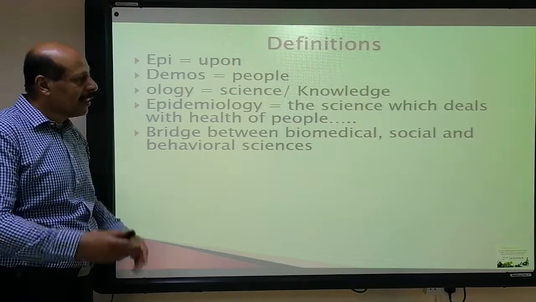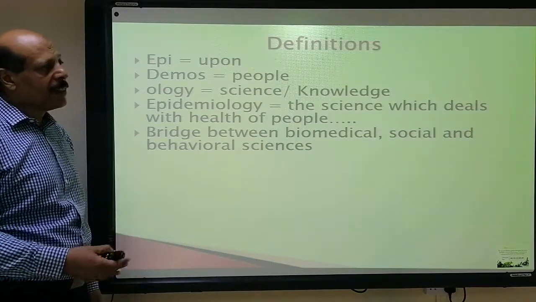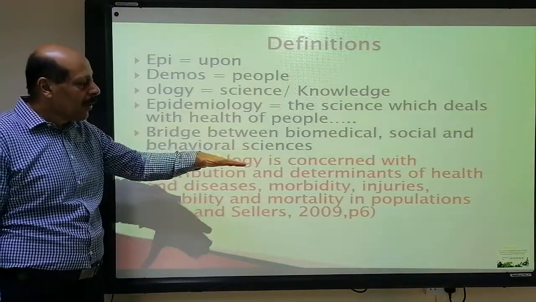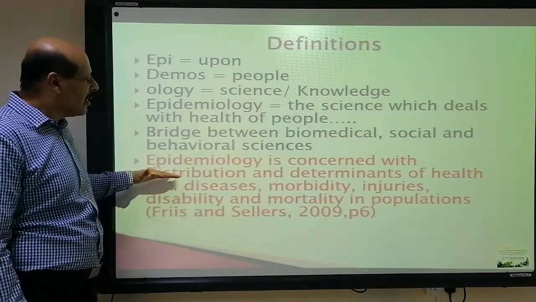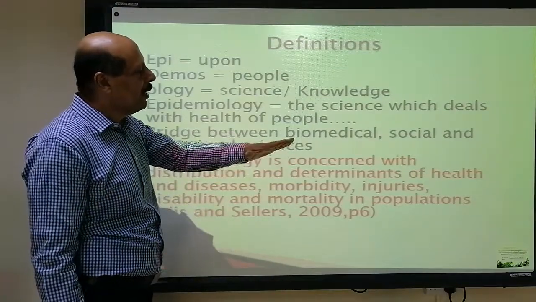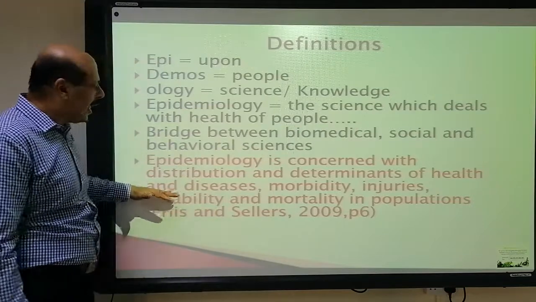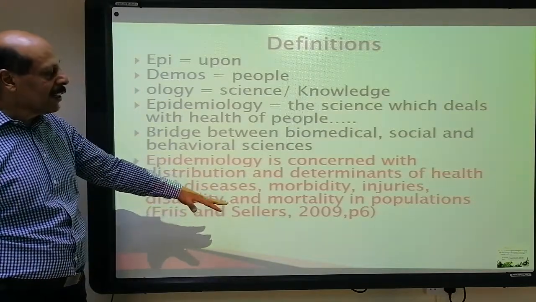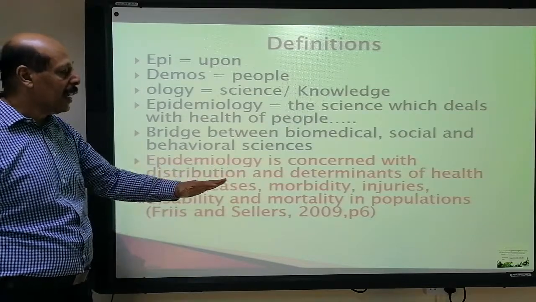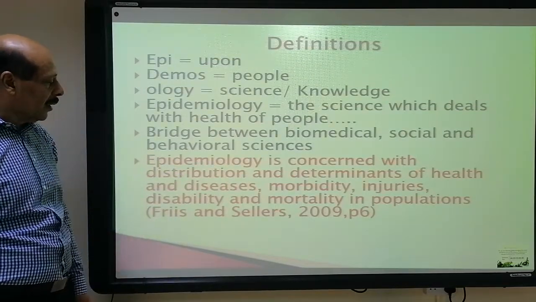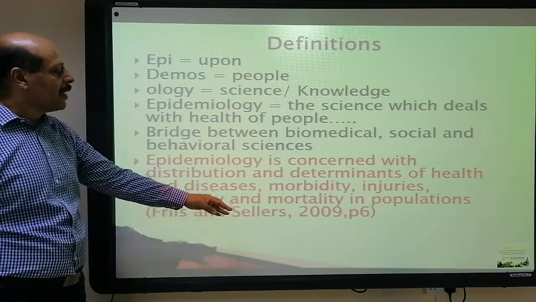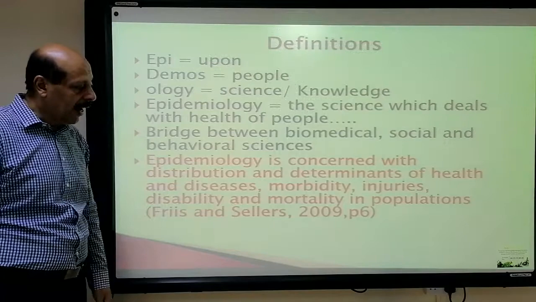It is a study of disease behavior and progress. Epidemiology is concerned with the distribution and determinants of health and diseases, morbidity, injury, disability, and mortality in the population. This is defined by Friis and Sellers in 2009.